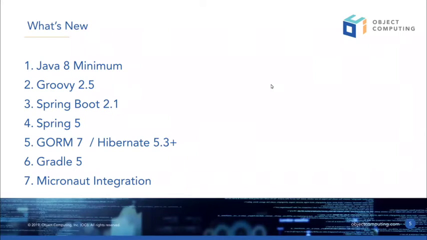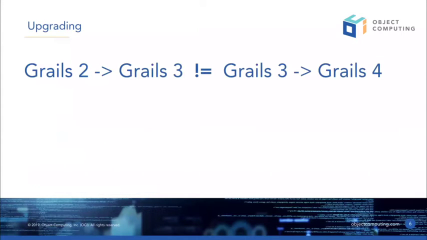Gradle 5 is the supported version of Gradle. So when you create an application with the Grails CLI, it will create a Gradle 5 build. We've also updated all of our builds internally to use Gradle 5. And then also the Micronaut integration, which I talked about.